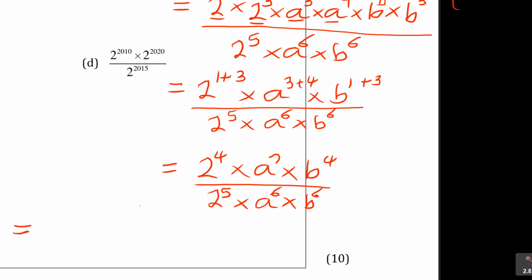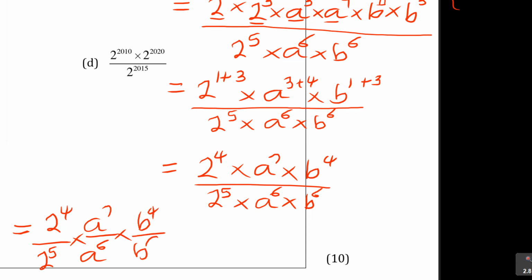Everything is multiplying. It's same as saying 2 to the power 4 over 2 to the power 5 times a to the power 7 over a to the power 6 times b to the power 4 over b to the power 6. It's the same, but you can leave out this, but it's the same. You can even put it in as the next stage, but what I'm trying to say, that's where you can apply now this rule.